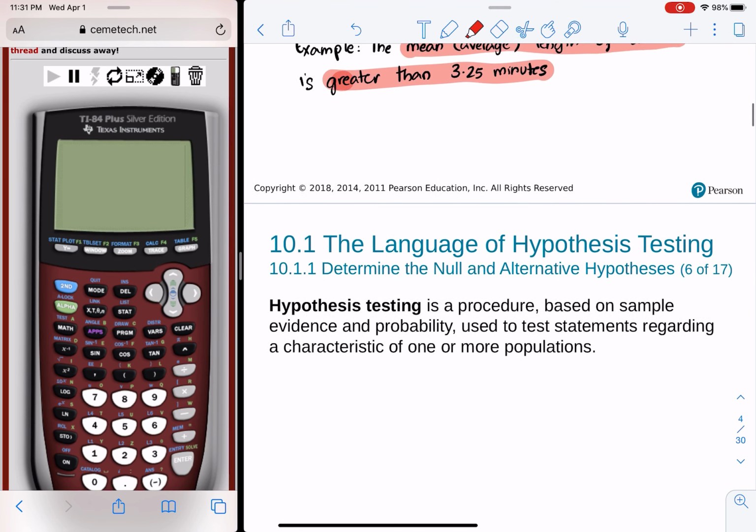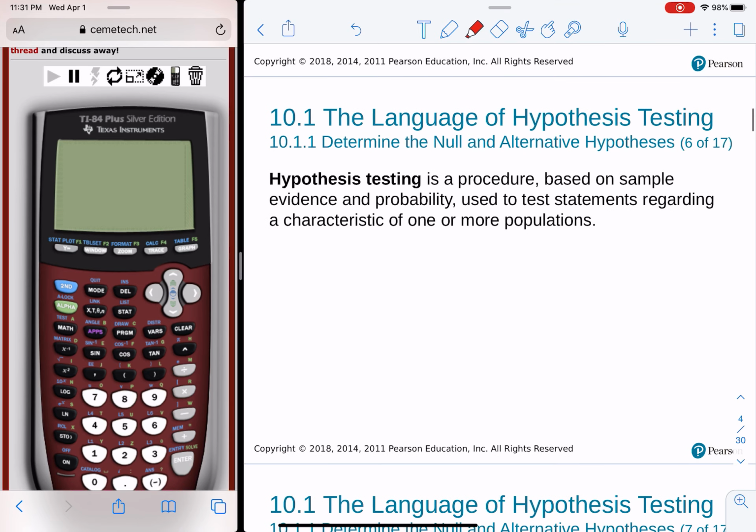And as I mentioned earlier, hypothesis testing is a procedure, and it is going to make use of sample evidence, and the conclusions are going to be based on probability. And whatever conclusion we make is going to be about the population parameter.